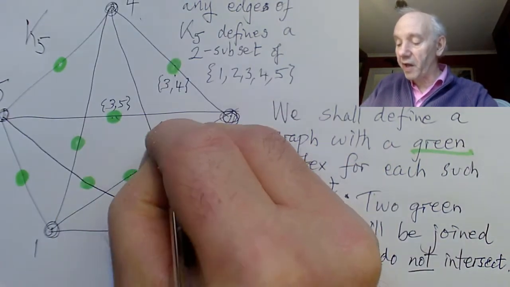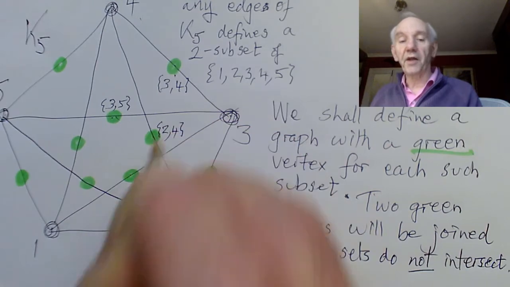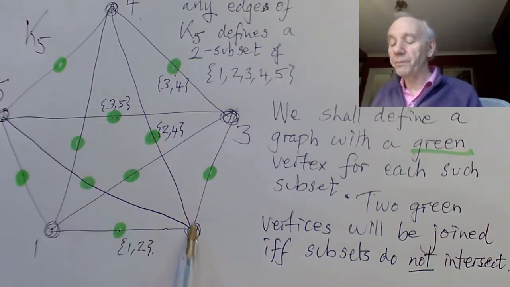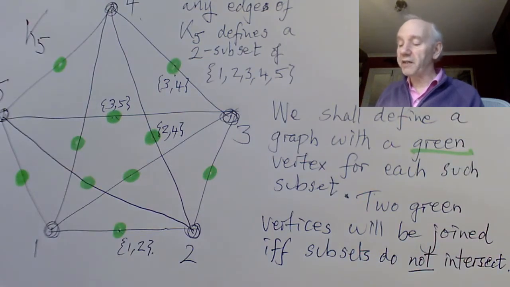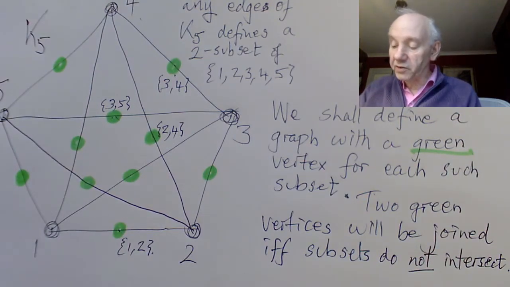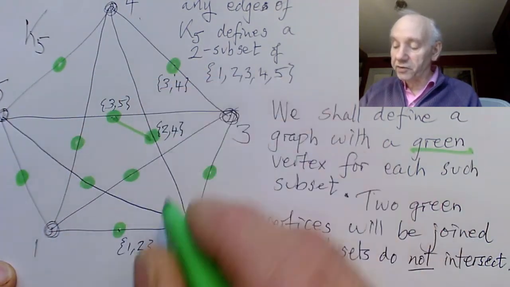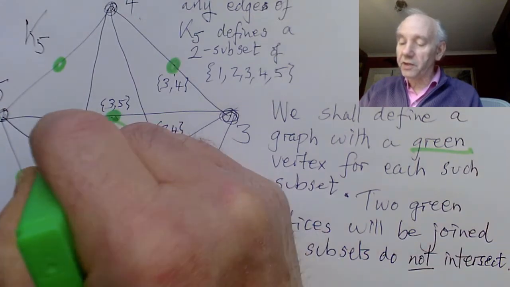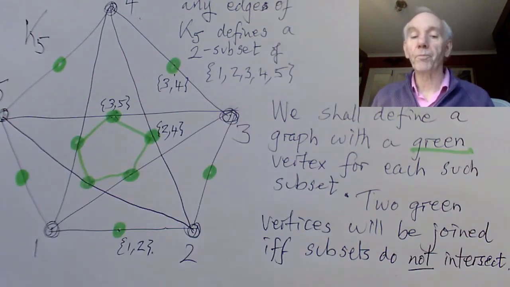And these two subsets do not intersect. Another way of saying that is that the two edges do not have a vertex in common in K5. So the idea is that in this new graph, which is going to be green, these two vertices are joined together. Similarly, you'll see that these two are joined together, these two are joined together, these two are joined together, and those two are joined together.